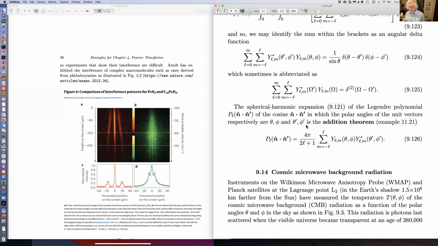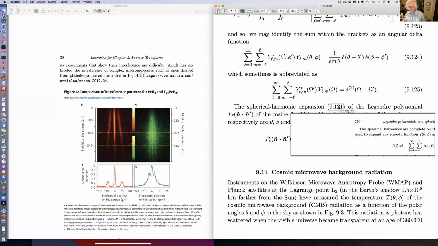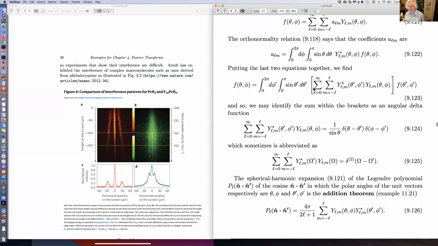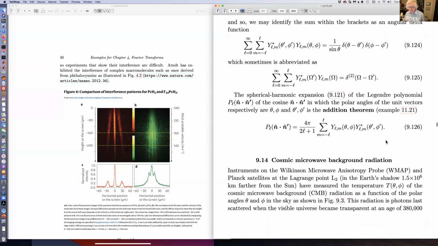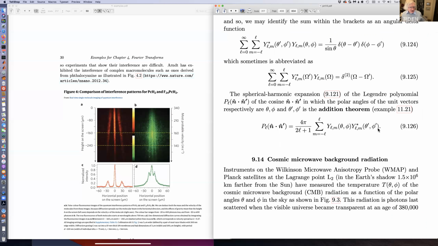Then the formula that was right up there for the Legendre polynomials is just this. And this is then called the addition theorem. And it's derived in example 1121. That's a derivation in terms of group theory. Okay.